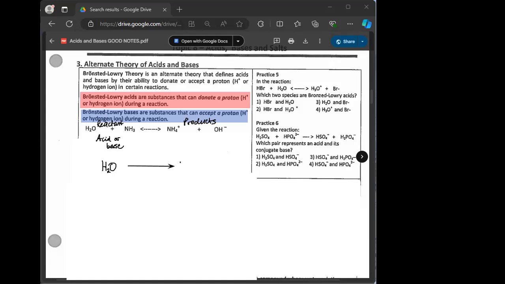Okay, so that means that the substance that it became is OH minus. Yeah, the O does not change, for example, into NH4 plus. That does not make sense.